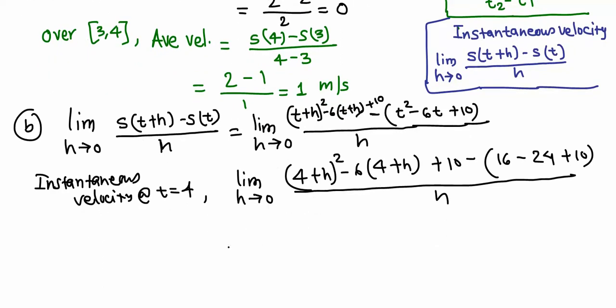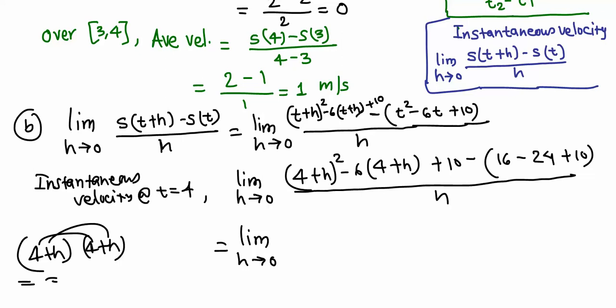Now let's evaluate this limit. That's the final answer. That is limit h goes to 0 of 4 plus h quantity square. So we need to FOIL. Multiply 4 plus h by itself. Just do over here 4 plus h times quantity 4 plus h. Just multiply.